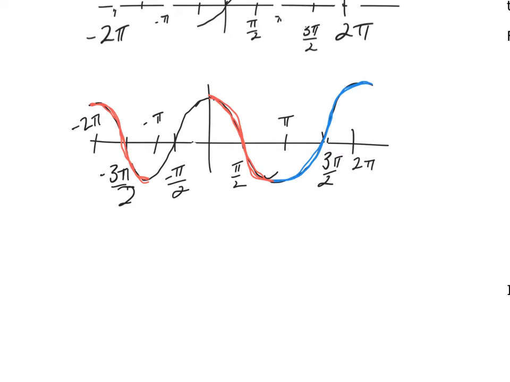Draw a horizontal line. Does that pass the horizontal line test if I have those two red parts of the graph? So what it means to pass a horizontal line test is it can only touch the graph once and only once when I draw a horizontal line. So do those two red pieces give me a pass on the horizontal line test, or does it hit it more than once?